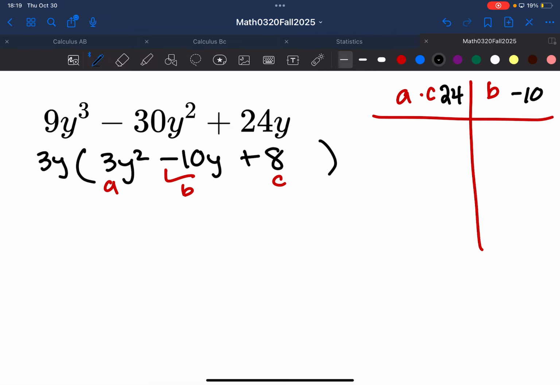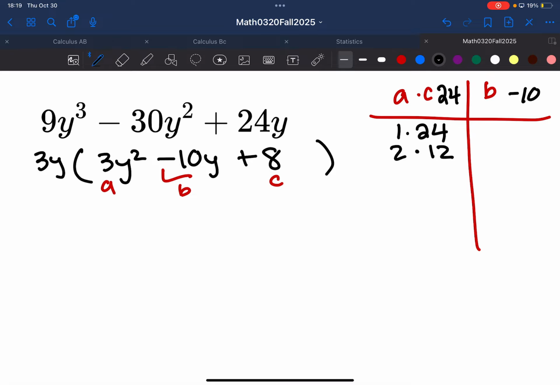Okay, so remember we write down all of them if we can't recall. 3 times 8, 4 times 6. Okay. And so just by looking at those, there's 2 of them that almost looks like they could work. The 2 and the 12 and the 4 and the 6. But which are the 2 actual ones?